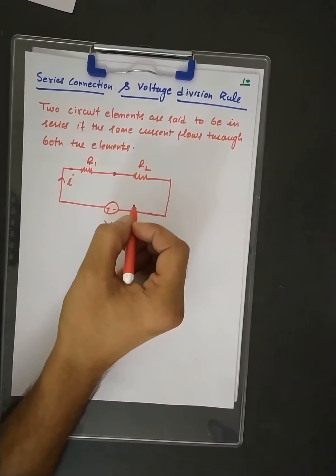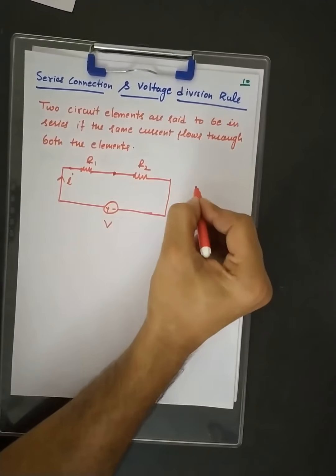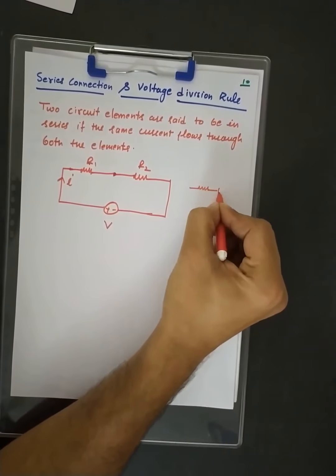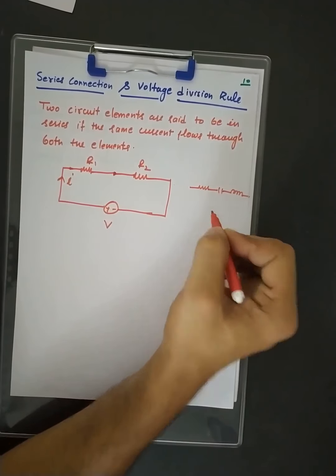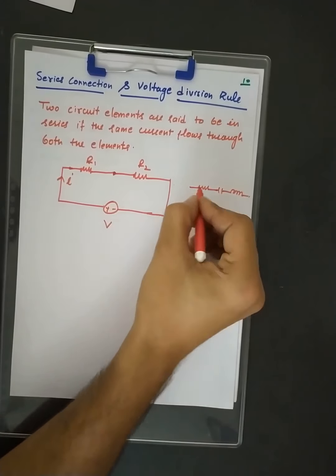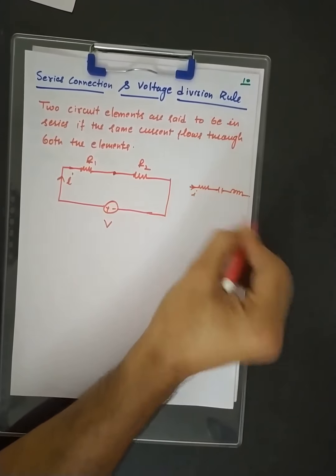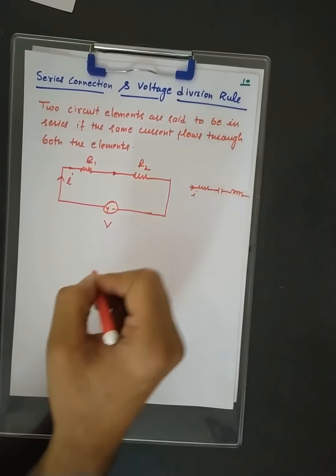So these are known as the series connections. So there may be a different element. I have taken the example of resistance. There may be resistance, capacitor, inductor. So any kind of combination you can come across, clear, which has a series connection where current I is flowing same across all the elements.